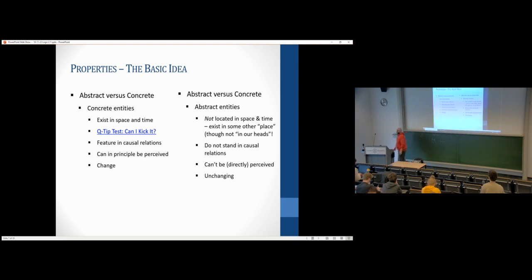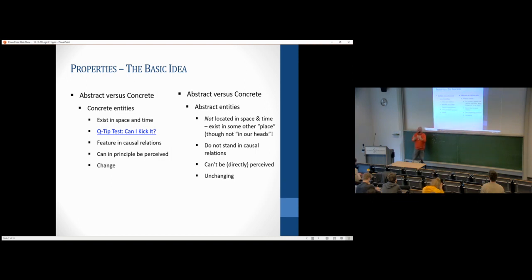Are those in the concrete or in the abstract? They would be in the concrete, right? So the thought would be if there are these little teeny tiny particles and they're really out there, they're going to be concrete entities. So the "in principle" is really doing the heavy lifting here, right? Because it's pretty much guaranteed there are stars outside of our light cone, so there's no way we could ever causally interact with them, but there's a sense in which they're perceivable in some way.